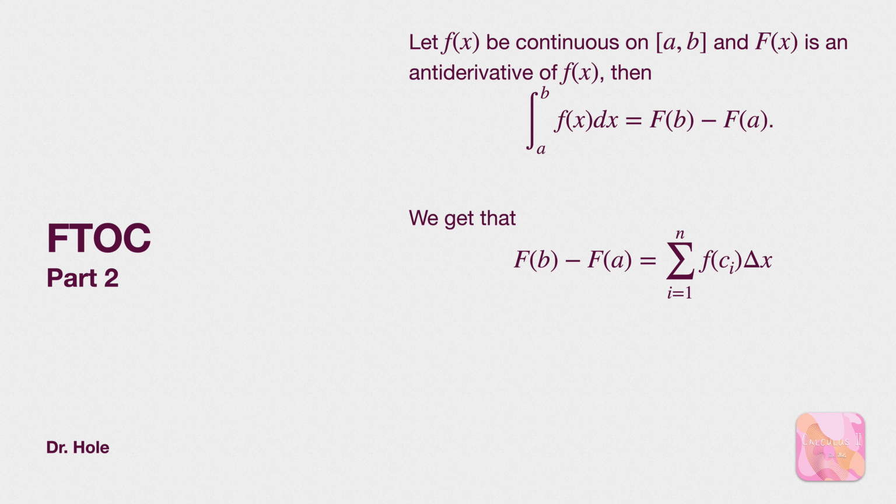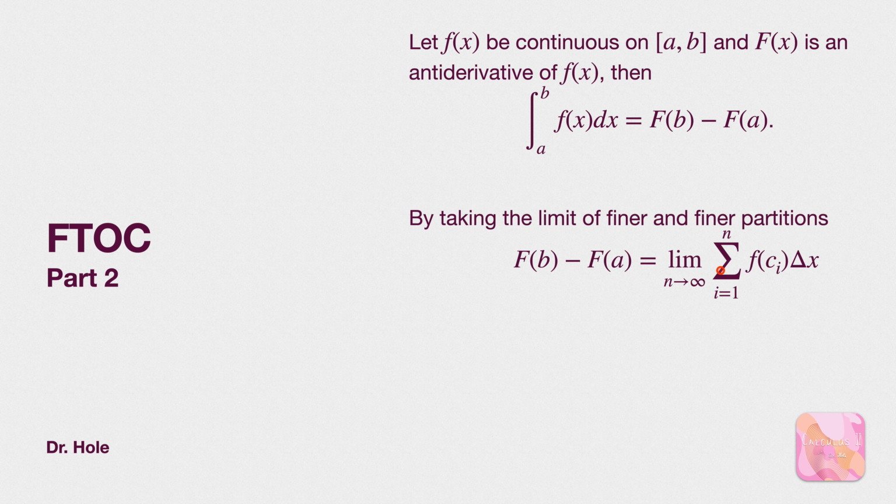Good. Now these n terms correspond with an arbitrary partition that we picked, but that choice of partition that we made does not depend on this equality holding. Therefore, it's going to hold for any partition.